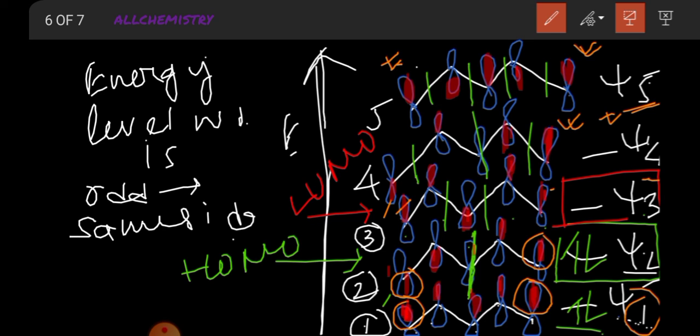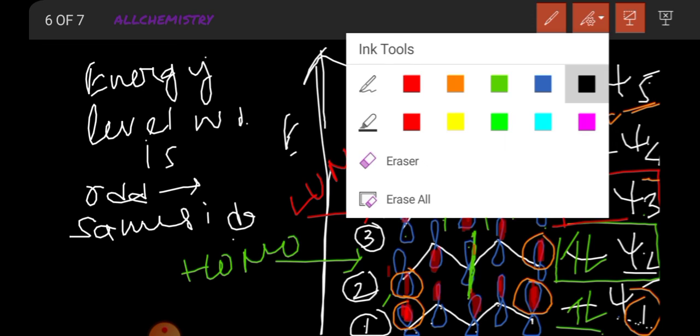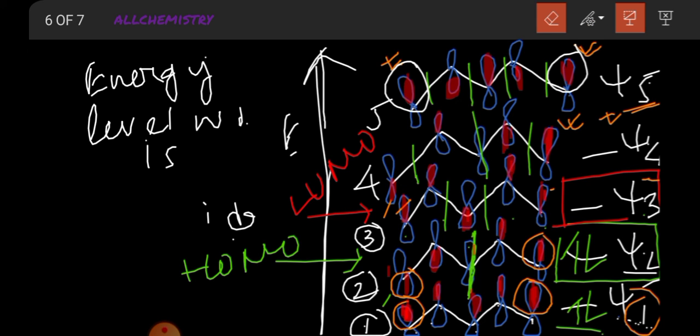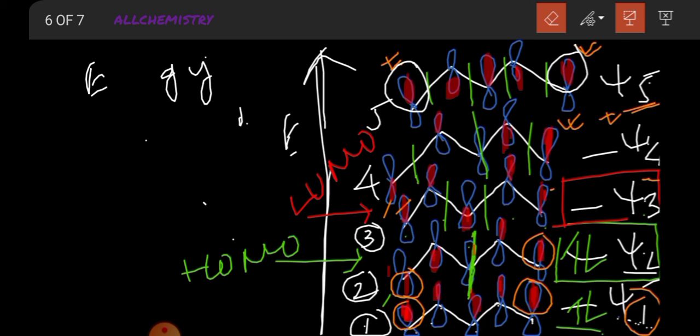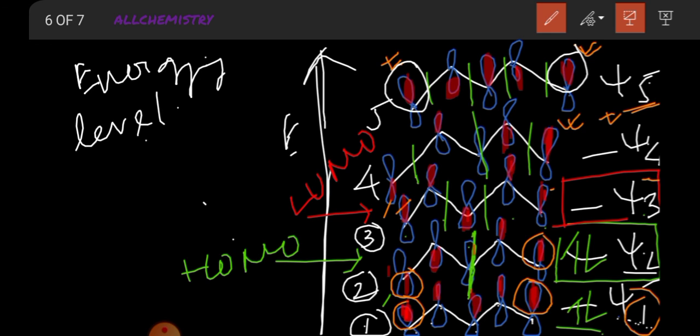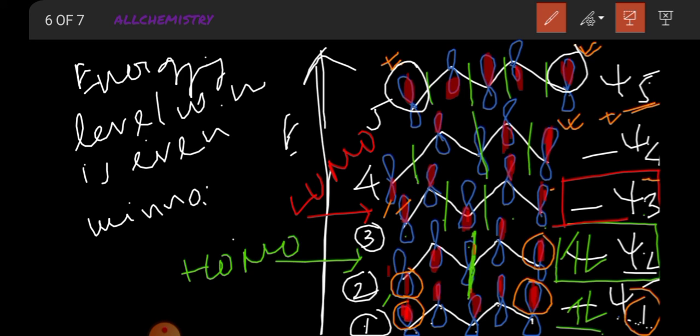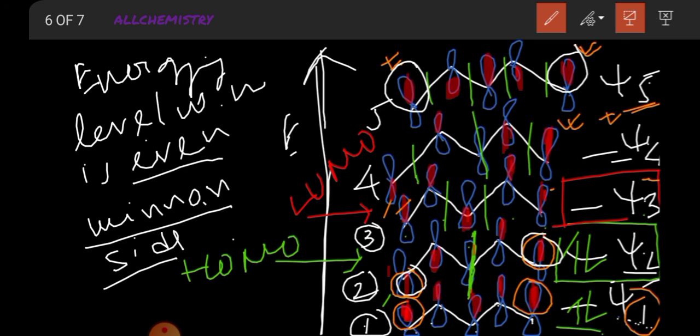When n is even, then the corners are on the opposite side, means mirror side. When it's psi 4, psi 2, corners are on the mirror side. So even means mirror and odd means same side.